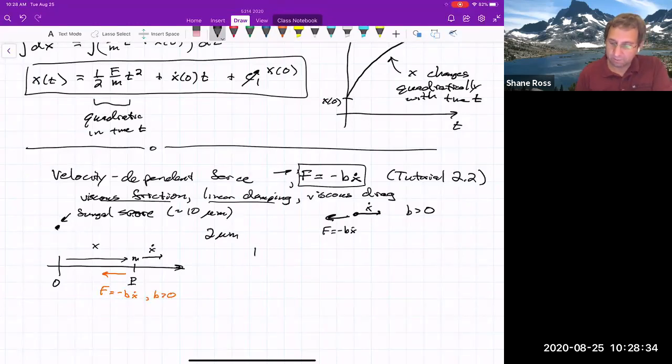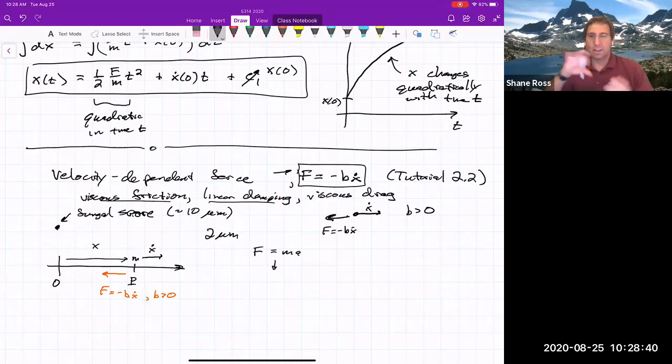All right, so F equals ma becomes, and I usually like to write it as ma equals F because that's how we usually write differential equations. We have the thing that's differentiated on the left-hand side. So this becomes m x double dot equals negative b x dot.